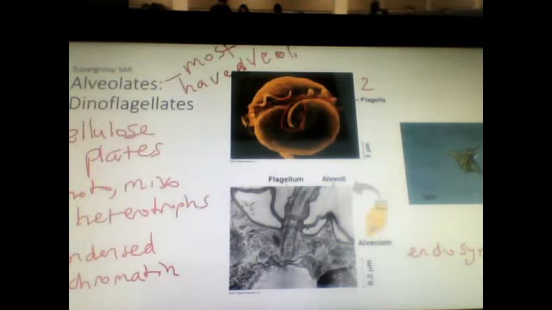Endosymbionts means that they can live with other organisms, like other organisms can actually live inside them, or they can live inside other organisms.